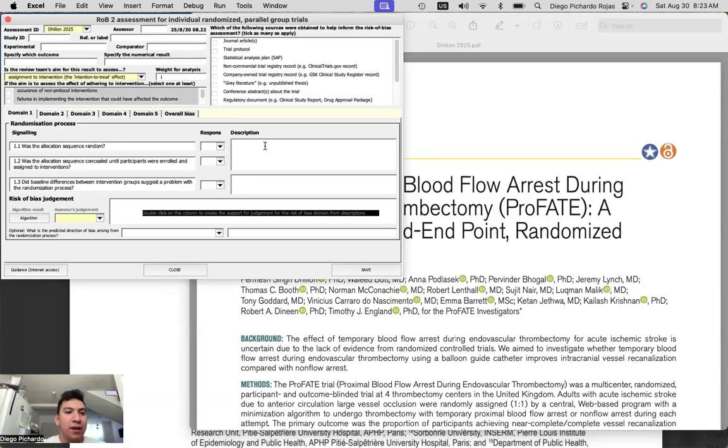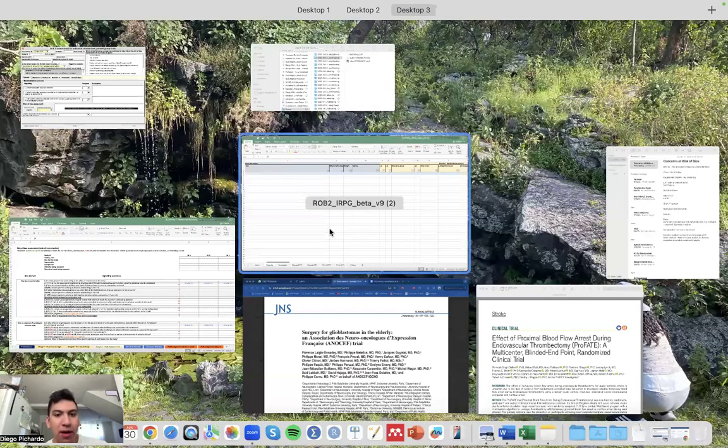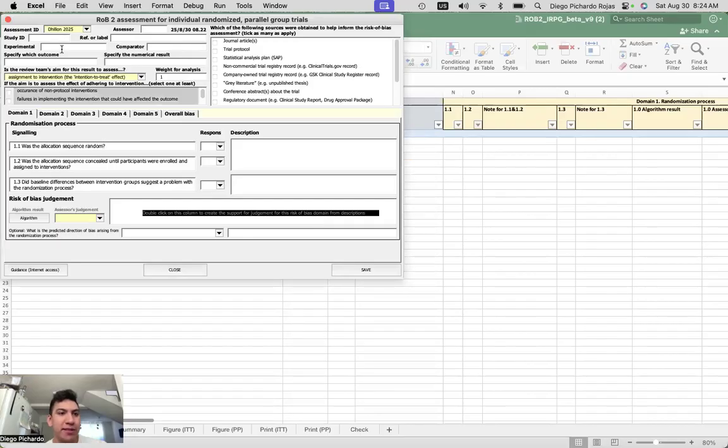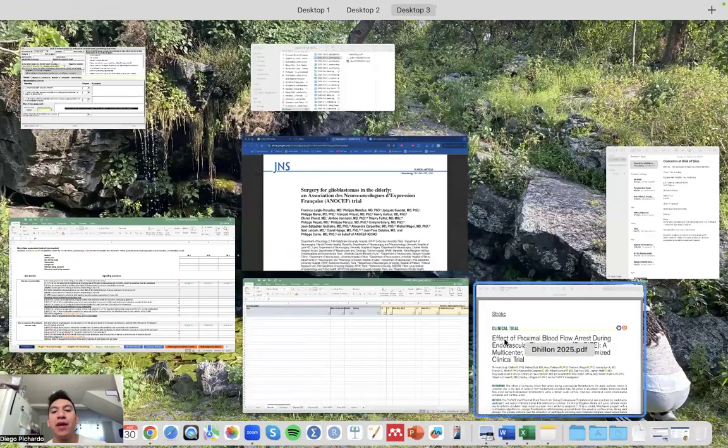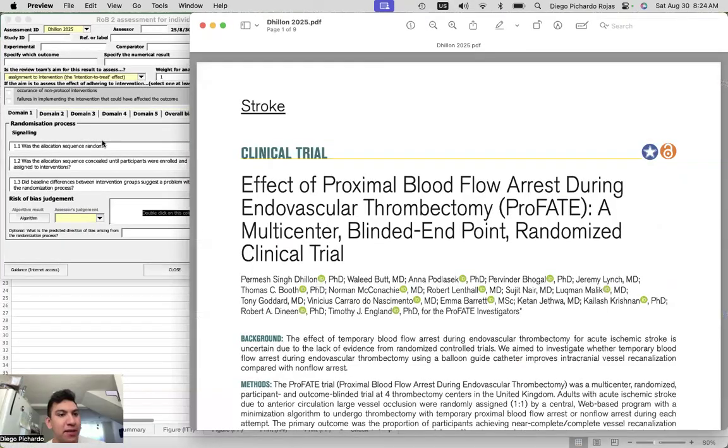So the first step of this risk of bias assessment is again we open it up, go to the assessment form, and open the document, just to make sure that you guys can open it.